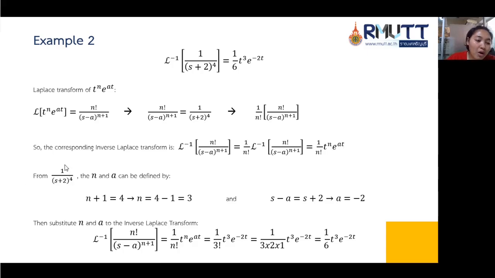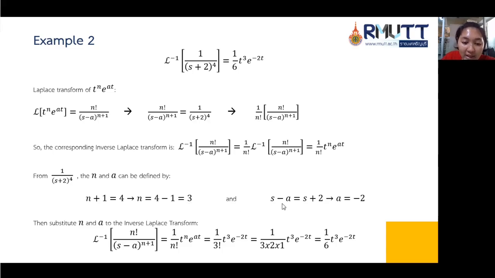Then from 1 divided by s plus 2 to the power of 4, the n and a can be defined by n plus 1 is equal to 4. This is from this equation. Then we can get n is equal to 4 minus 1 is equal to 3.